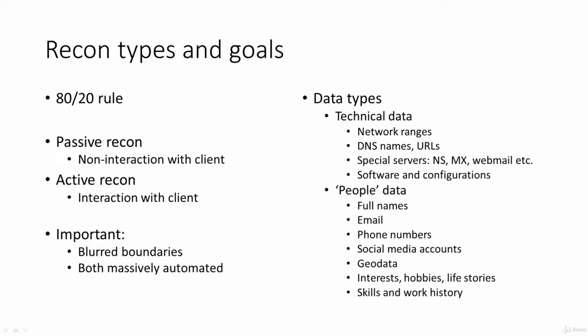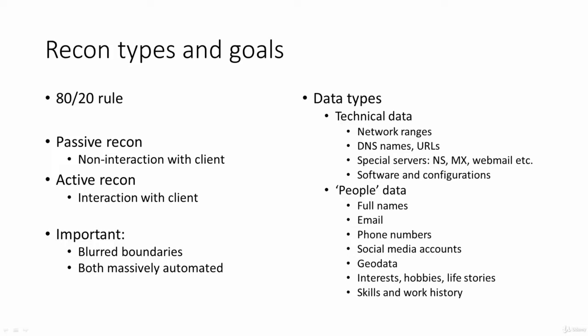So what are the goals? The goals are to collect as much information as possible, and the types are passive and active reconnaissance activities. The difference between these two is rather not very apparent nowadays, because first of all, you cannot do these two things separately.